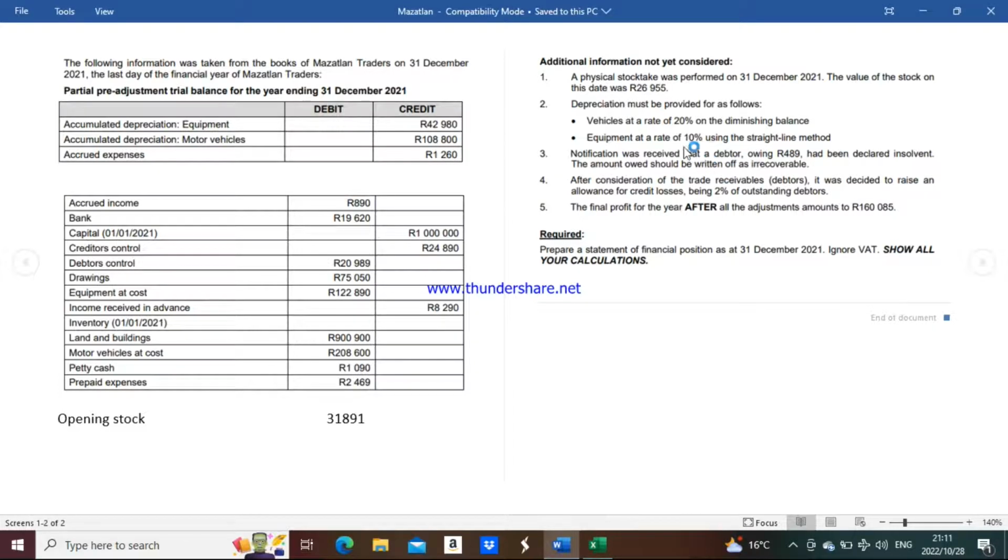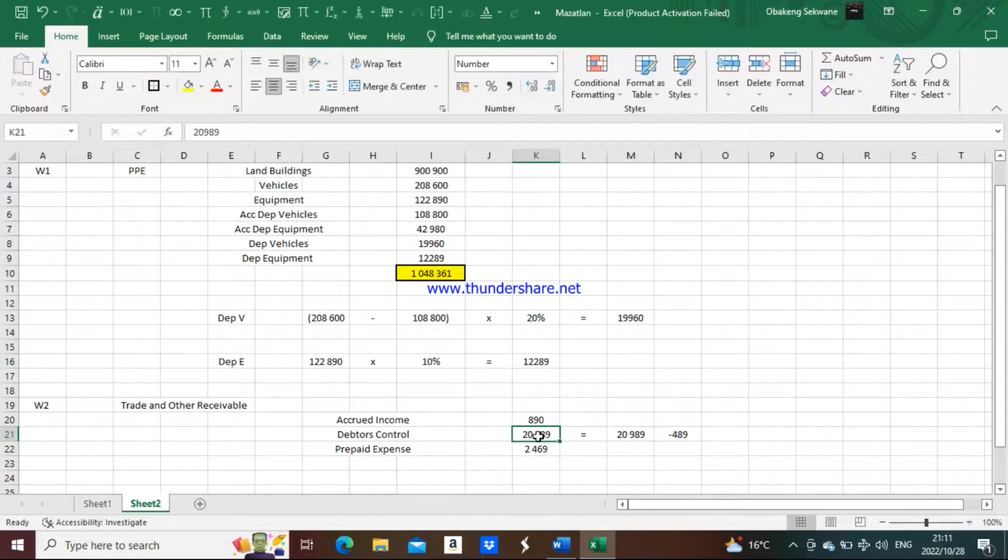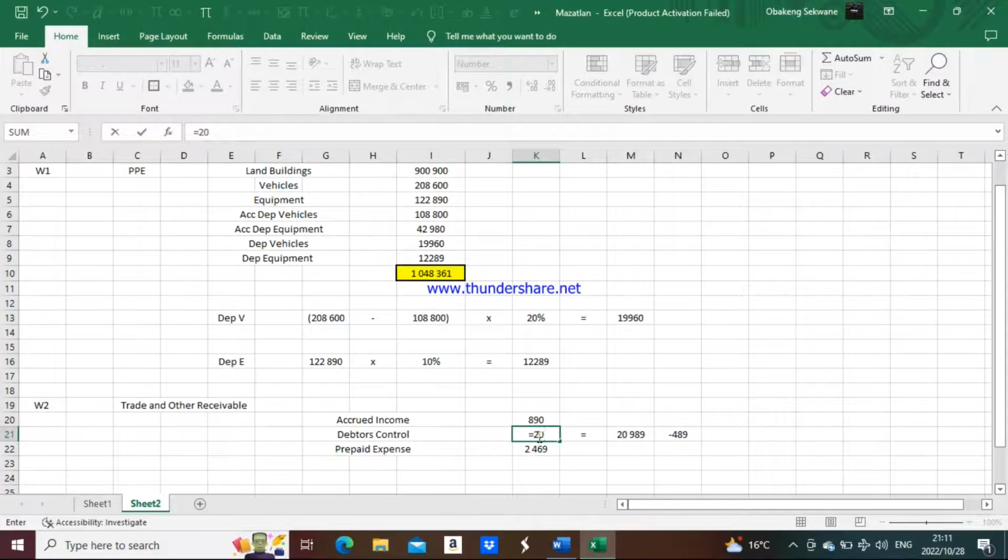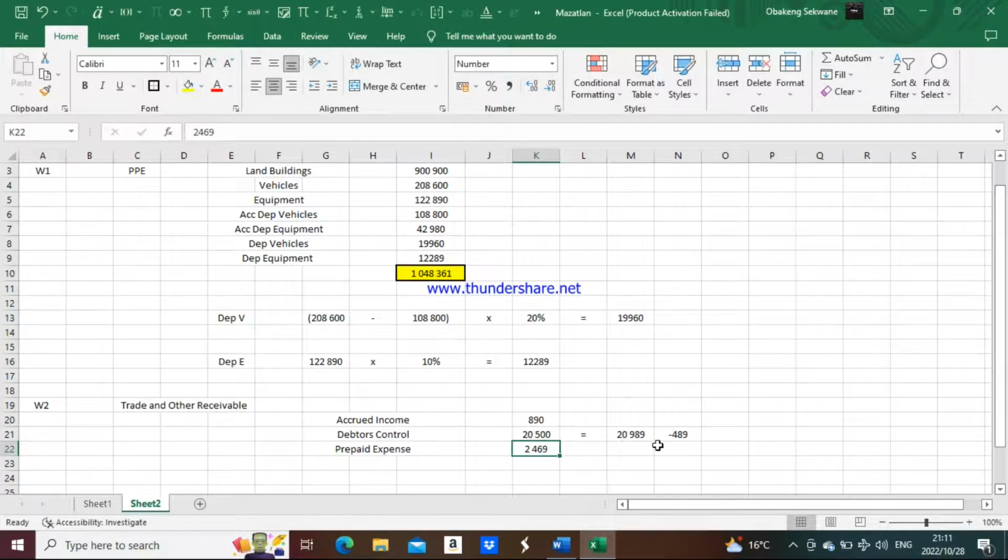We're removing this amount which is owed by the debtor, so we have 20,500.